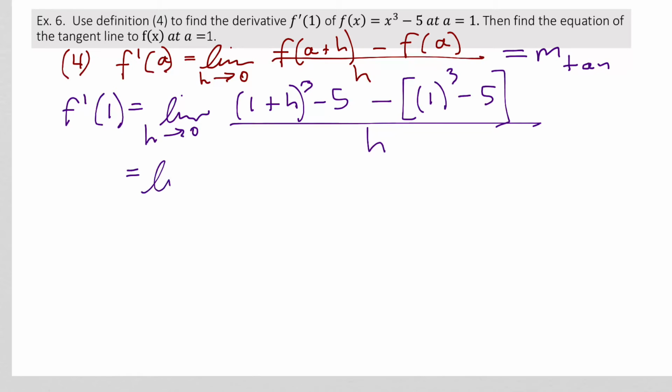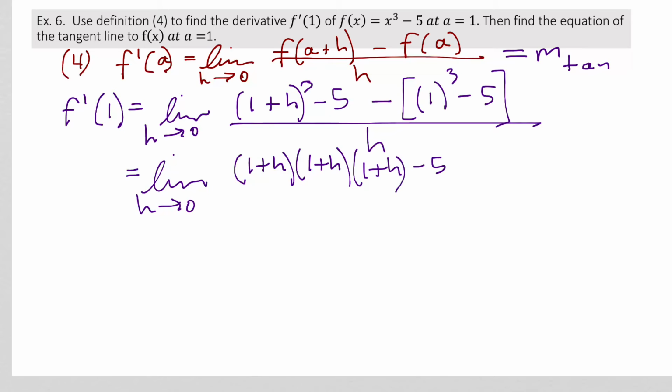So that's the limit as h approaches 0 of (1 plus h) cubed times 1 plus h minus 5 minus, and that number is 1 cubed minus 5, which would be 1 minus 5, which is minus 4, all divided by h.